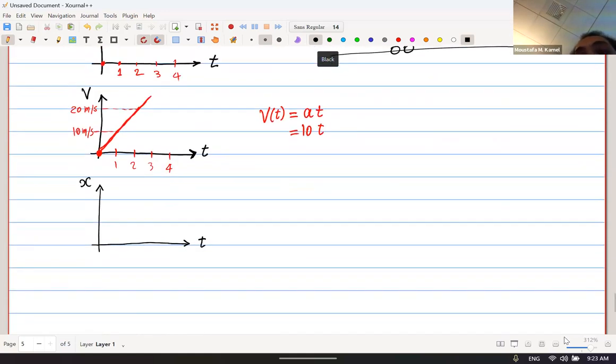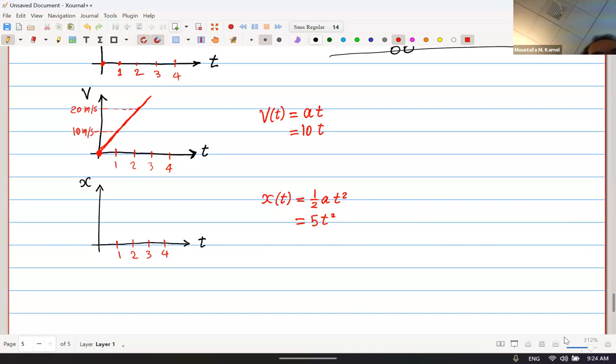So the position function will be x of t equals half a t squared, and acceleration is 10, so 10 times half times t squared, so this is 5t squared. And again, 1, 2, 3, 4.